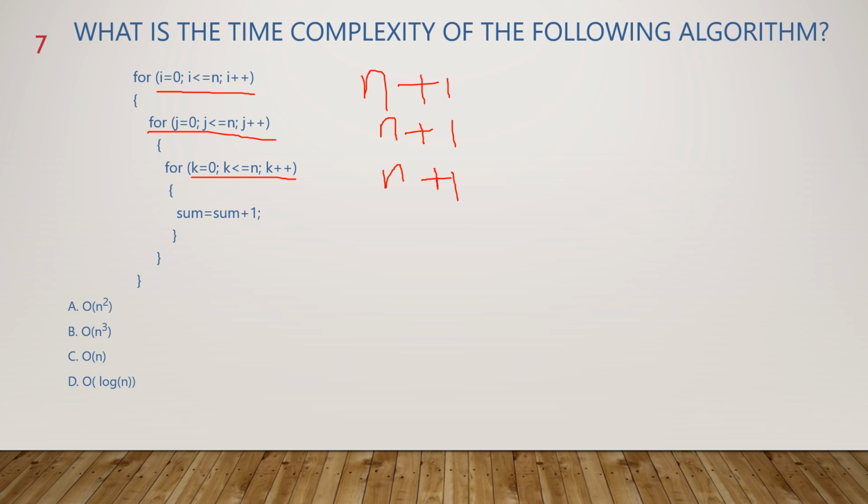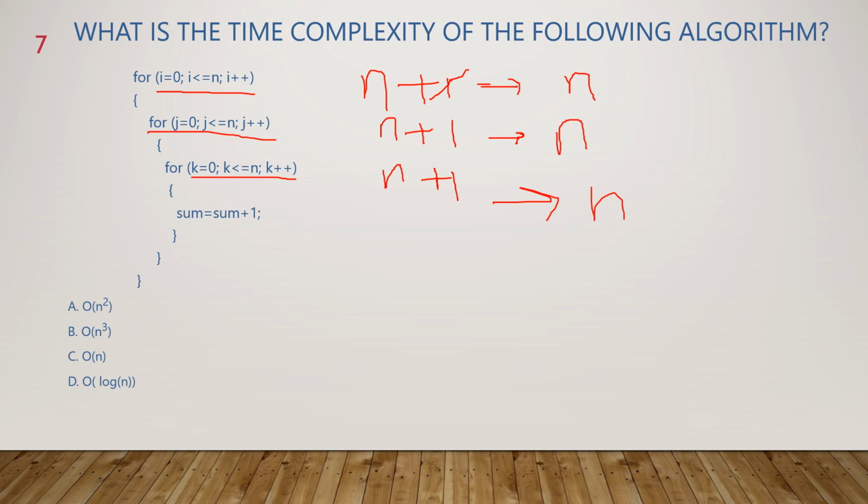For example, for the first one, here is n plus 1. Removing the 1, this is big O of n. The second one is also n. The third one is also n.